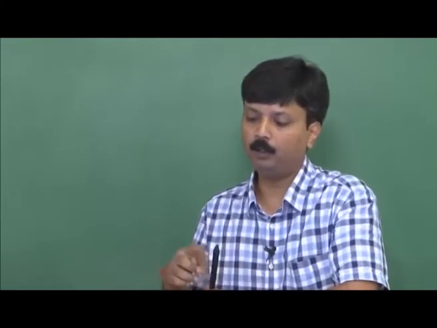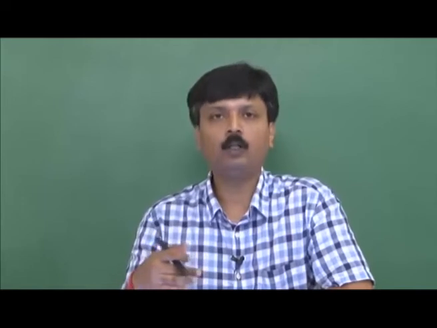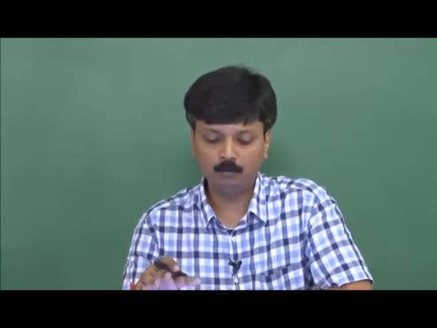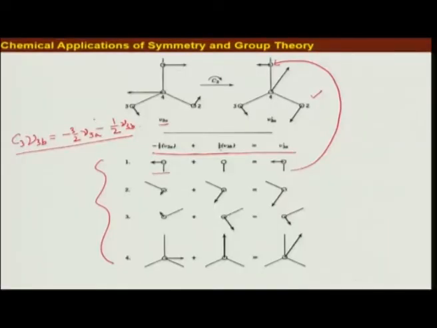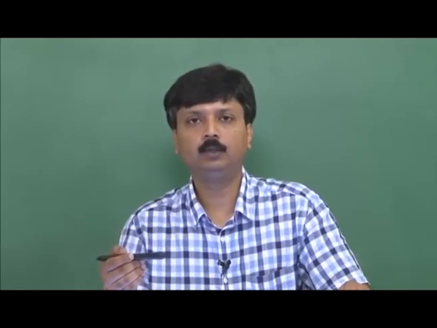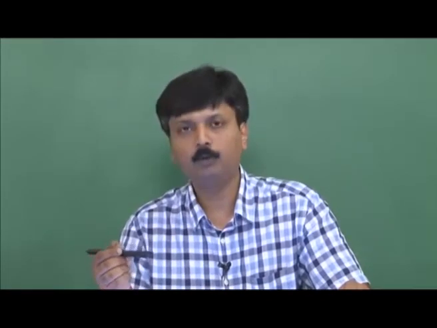And if you find out the effect of all the operations on nu 3a and nu 3b, you will see that it forms a basis for the E prime representation of the D3h point group, and ultimately you can see that all the normal modes form the basis for irreducible representations of the point group to which the molecule belongs.